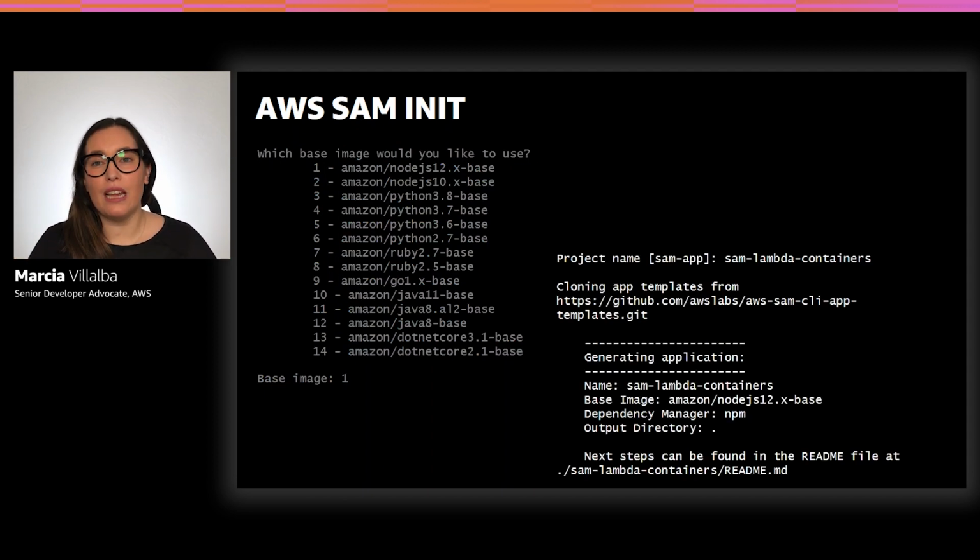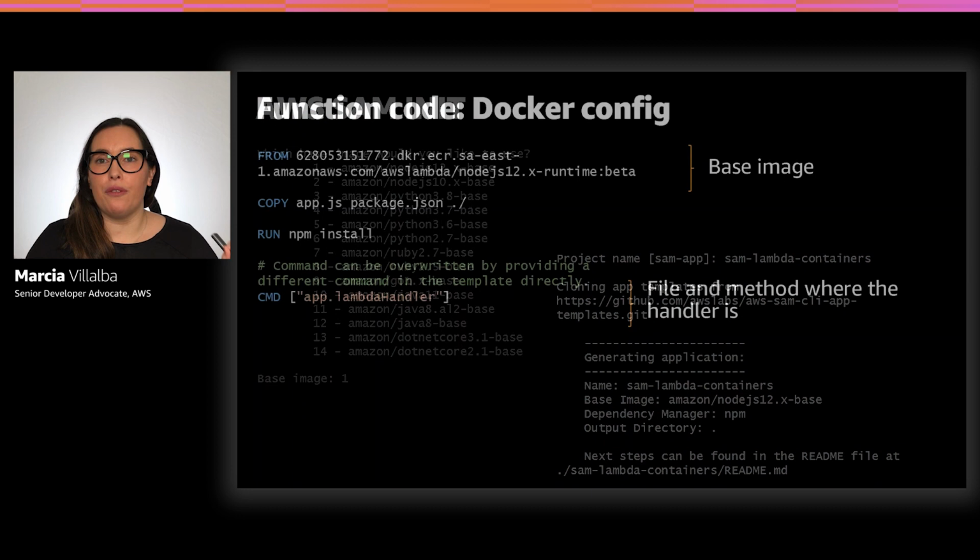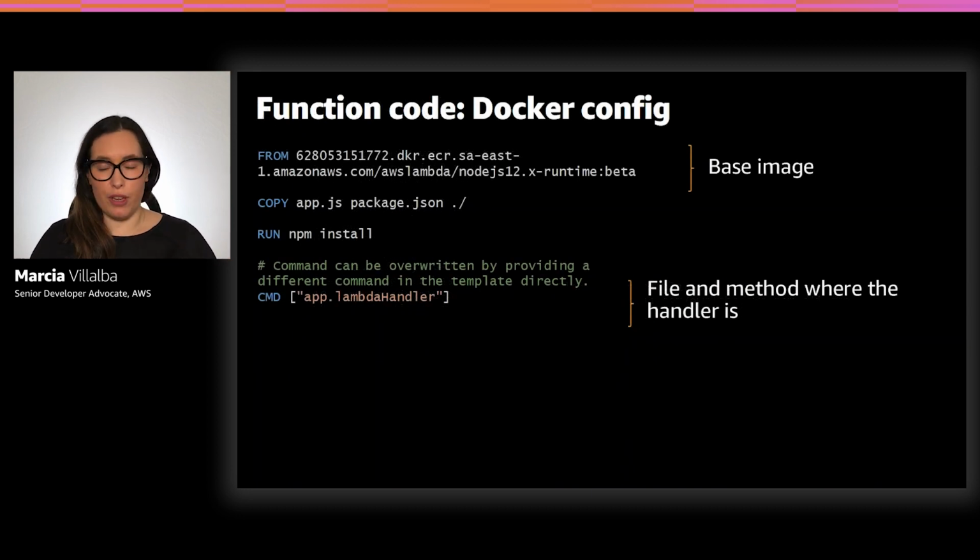What we'll see next is a Dockerfile in our SAM project. That's something new. It was not there before. If we open the file, we will see that there is a base image, and that base image is the one that we just defined, in the region that we are using. And then you will see the CMD command, which is basically the location of our handler. The app, in this case, is the file or the module, and lambdaHandler is the method where this Lambda handler is.